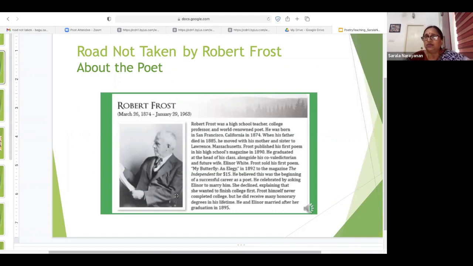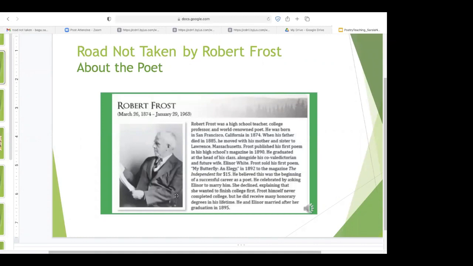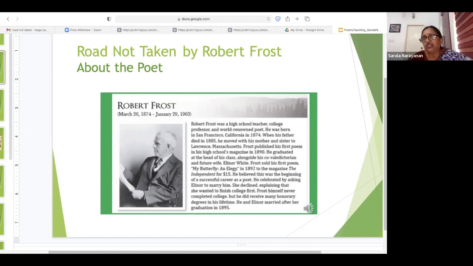If you see, most of Robert Frost's poetry is nature oriented because he was working on a farm. Most of it is nature poetry, like Stopping by Woods on a Snowy Evening, which is a very famous poem of Robert Frost. So he moved to London, tried to publish, and there he started becoming famous and was able to publish his book of poems.